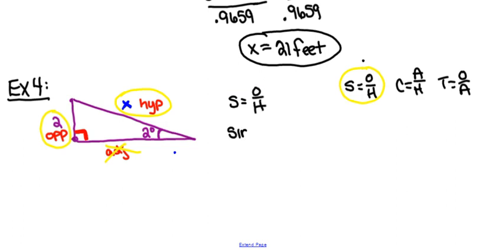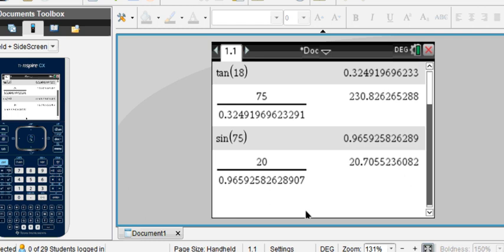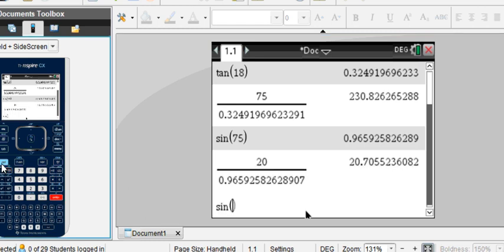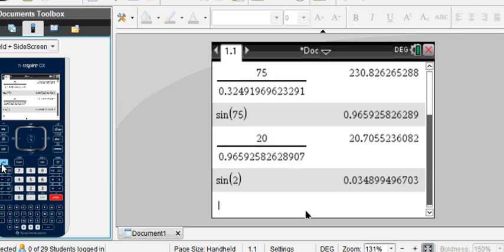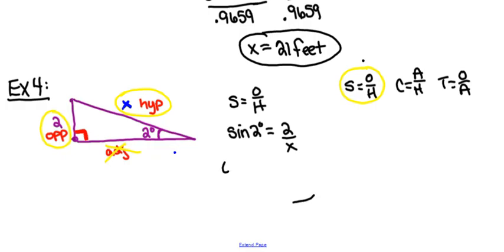So sine of 2 degrees is equal to my opposite side, which is 2, over my hypotenuse, which is x. So I'm going to go to the calculator and type in sine of 2, 0.0348 is equal to 2 over x.